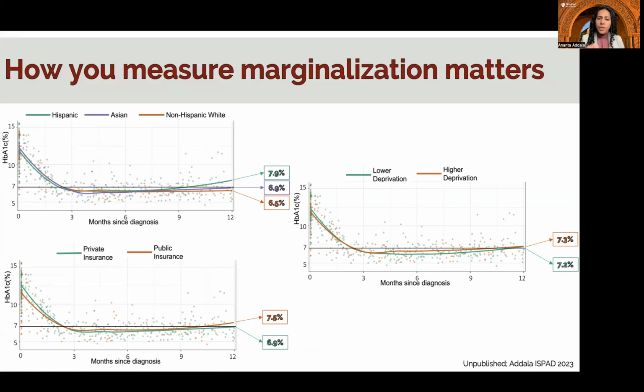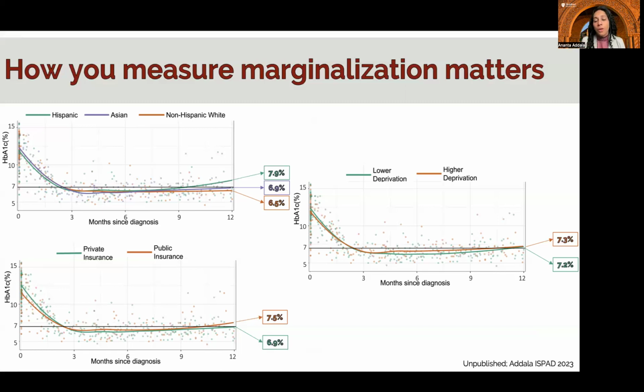And you can hopefully appreciate from this example, it's the same cohort, same time period, same A1C, same kids, but what you choose to measure by matters. And we can inadvertently pat ourselves on the back and say, hey, we've done a great job, if we aren't using the right variable to think about what the best measurement might be.